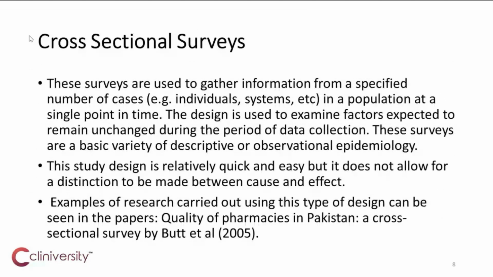And the third one is cross-sectional study. Cross-sectional study means you're gathering information. We take a number of cases and use a quick and easy method. They have been exposed to some drug, and what is the outcome? Then another group of people who were not exposed to the drug, and what is the outcome?